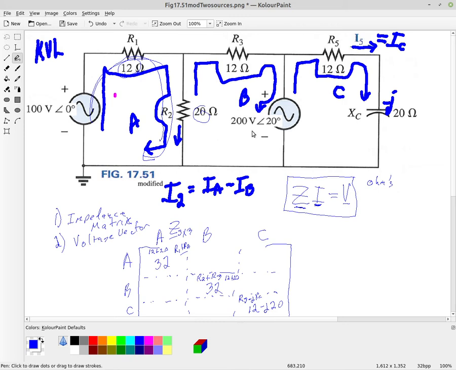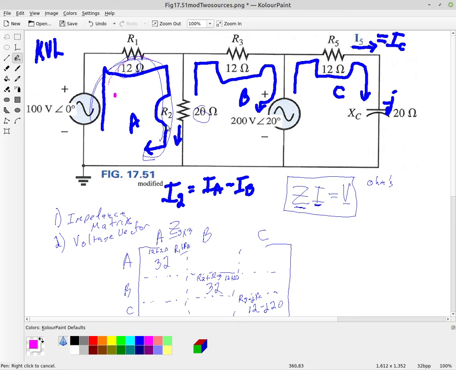Look through the loop for each one of those and add all the impedances. So again, we just had resistors in loops A and B, but in loop C we had a resistor and a reactance. So we have to make sure we keep track of J's, but you just add those up. It's so easy.